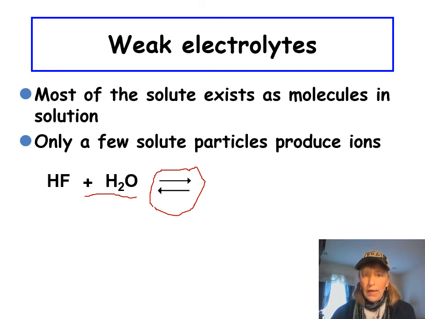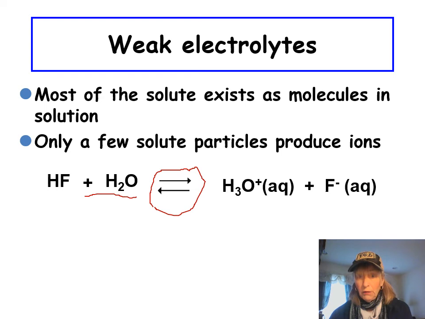So that means that we're going to get some of these ions on the other side. We're getting some water glomming onto that H plus to give us H3O plus. And we're getting some fluoride ion, but not too much, so imagine that. So we're getting some, so that's what the arrow going in this direction is telling you.